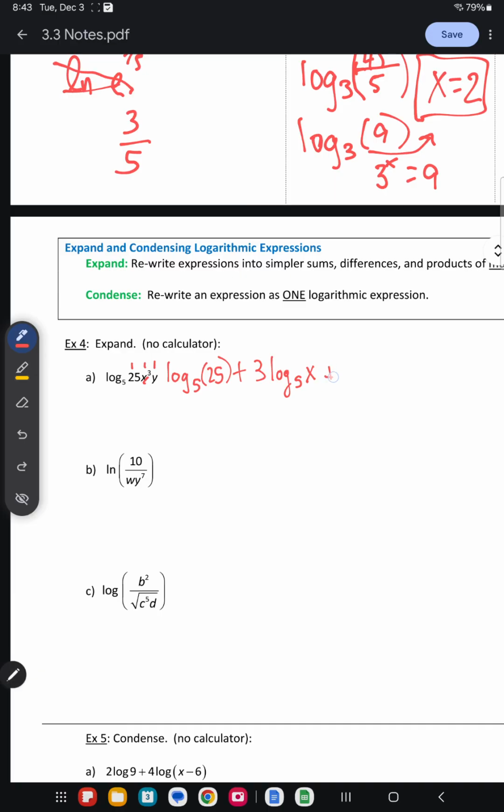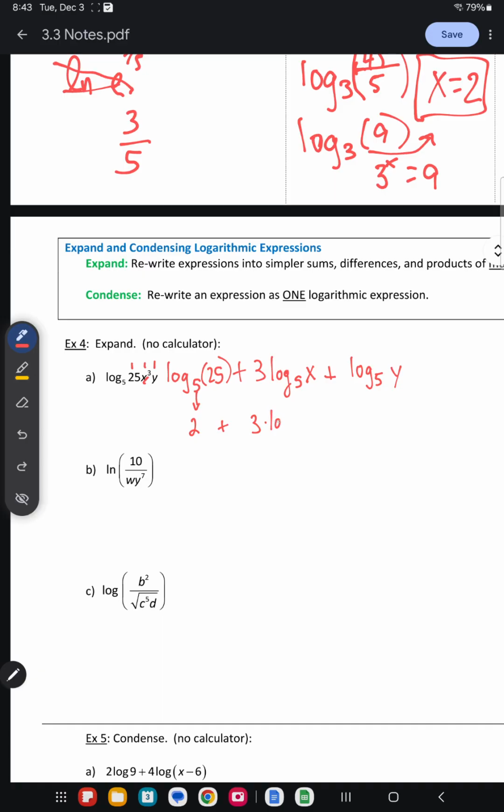Okay. And then we're going to add log base 5 of y. Okay, so that's what we end up having. So log base 5 of 25 is going to give us 2 plus, now in this case, because we have xy, it doesn't really do anything for us.